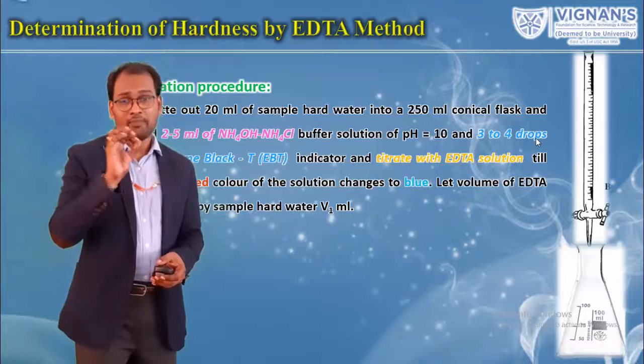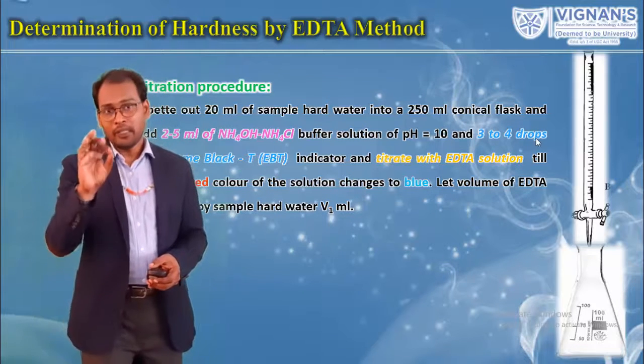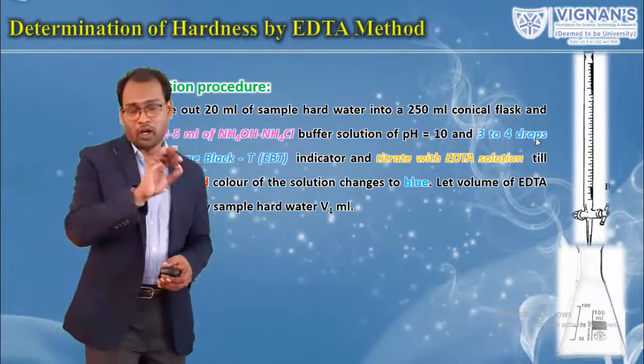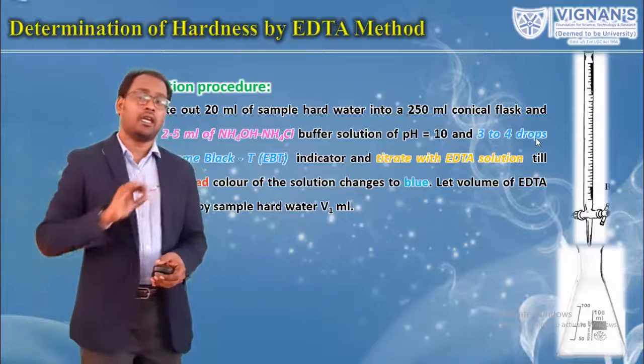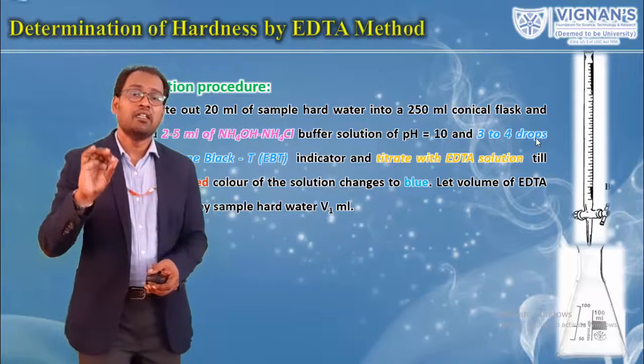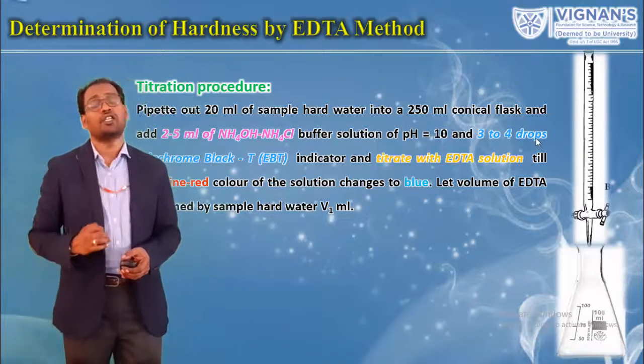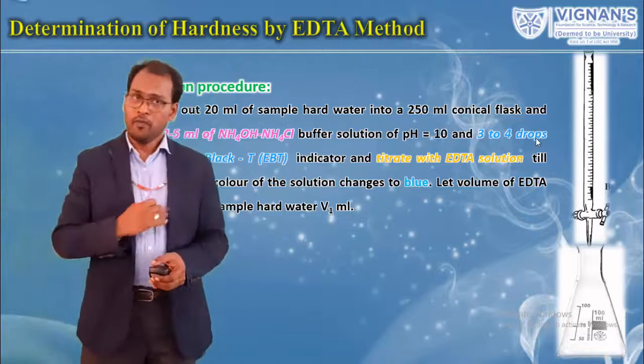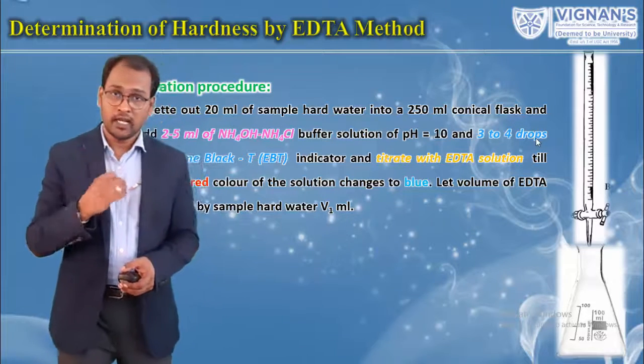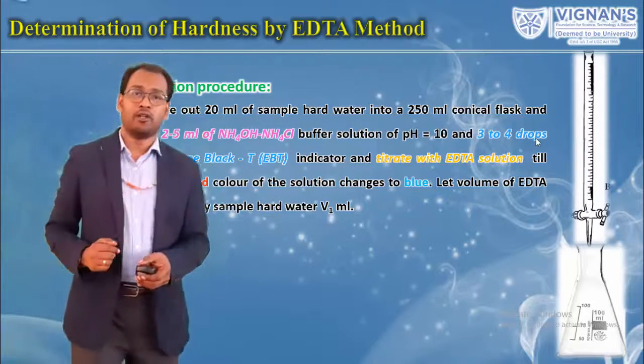That is the point where all the metal ions have formed a complex with EDTA, leaving EBT free. You stop the titration once the color changes. Note down that value.